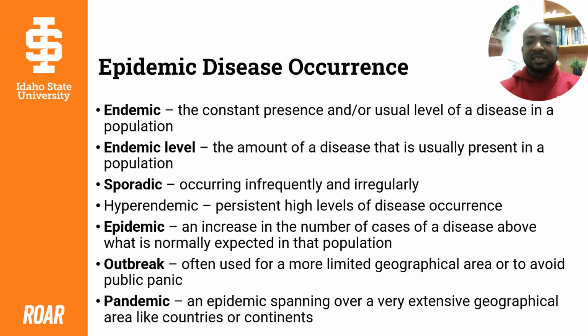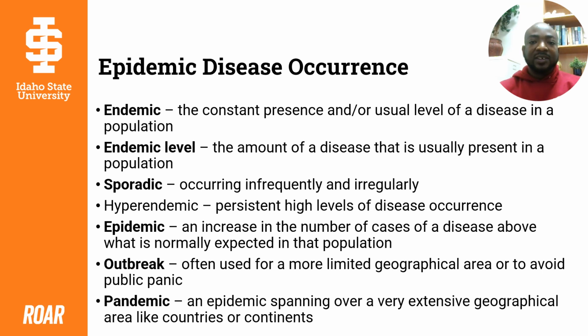While some diseases are so rare in a given population that a single case warrants an epidemiologic investigation, for example rabies, plague, and polio, other diseases occur more commonly, so that only deviations from the norm will warrant investigation. Sporadic refers to a disease that occurs infrequently and irregularly.